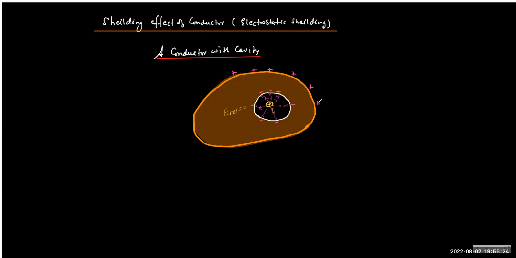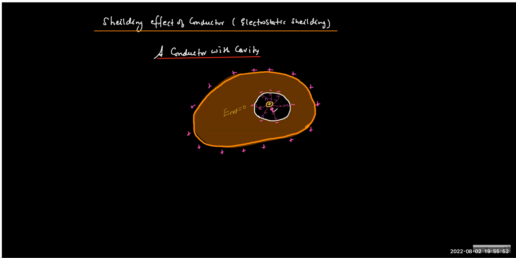So now what is interesting? The confinement of the electric field lines in the cavity is shielding the charge which you have kept inside from interacting with the outer world. That's interesting.